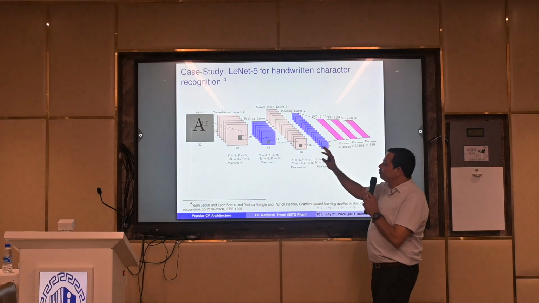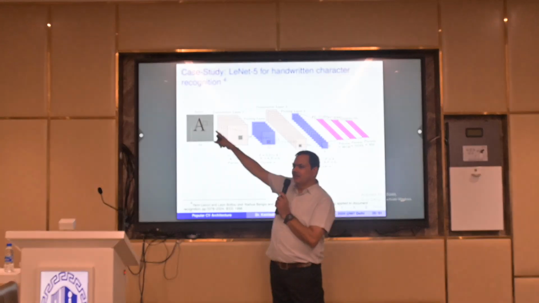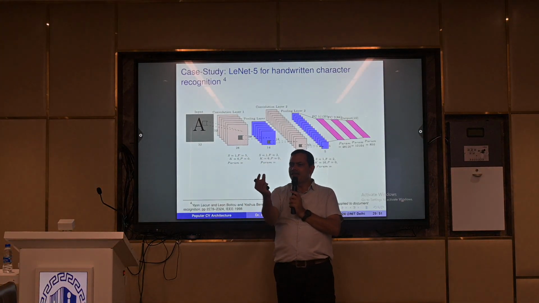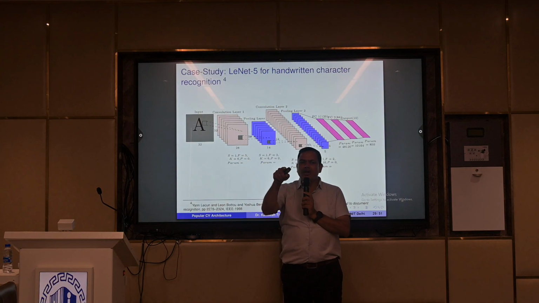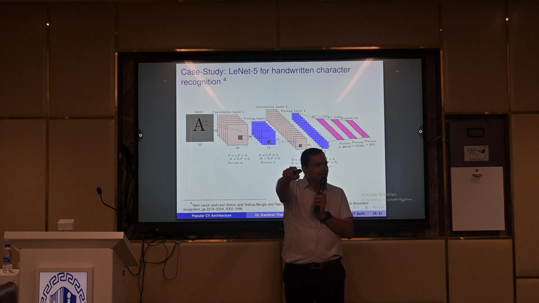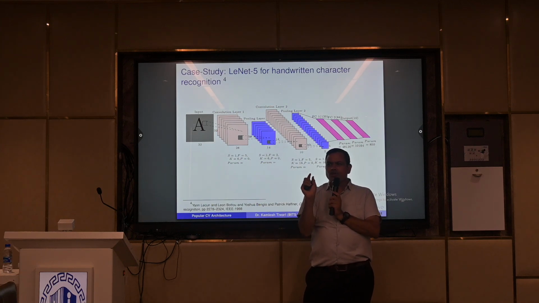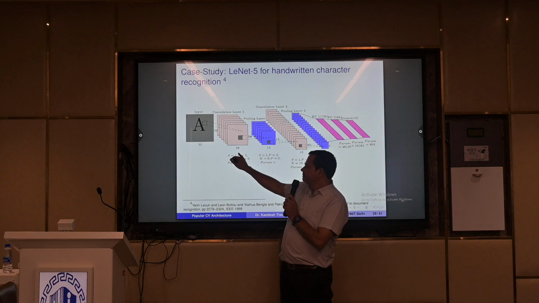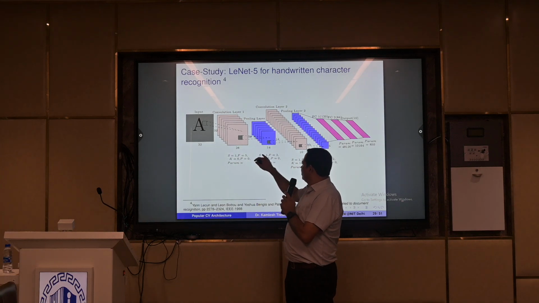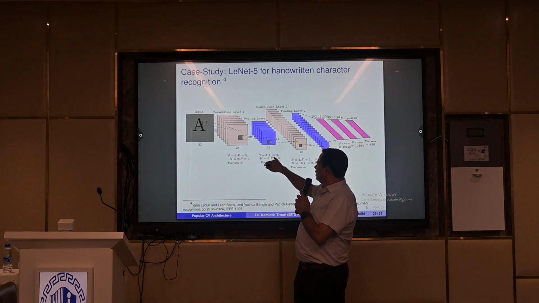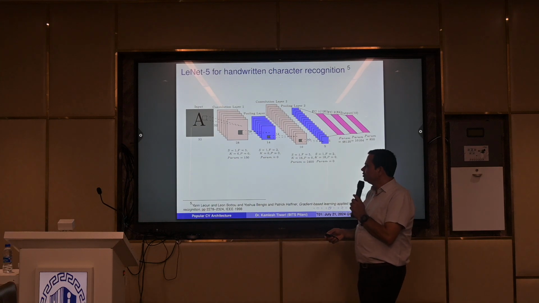But it has to be applied on this, because this has 6 planes. So it is 2 cross 2 cross 6. So how many parameters are there? 2 cross 2 cross 6 cross 6. What is the value?